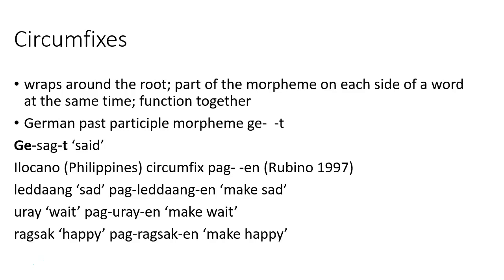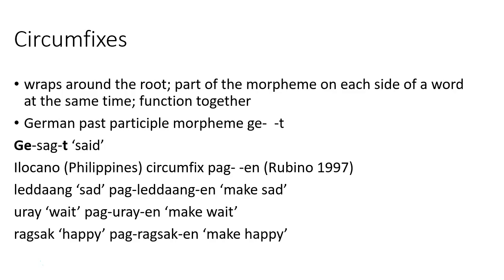Ilocano also has circumfixes, so it has pag and en, pagen. So ledang is sad, and pagledangen is to make sad. So pagen is kind of causative, to cause to be sad. Urai is to wait, so paguraien is to make wait. And if I give you ragsak, then you can work out for yourself without looking at the slides that pagragsaken must mean to make happy.